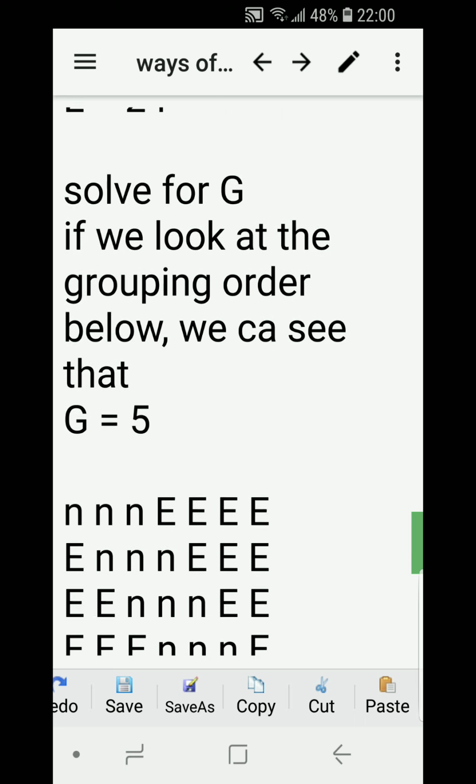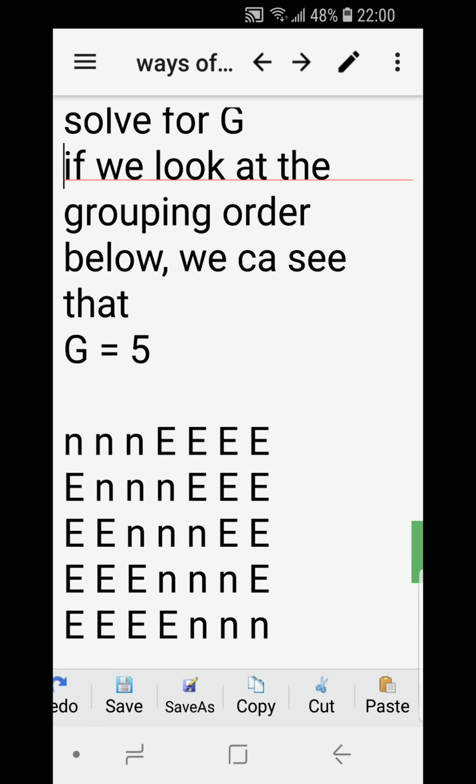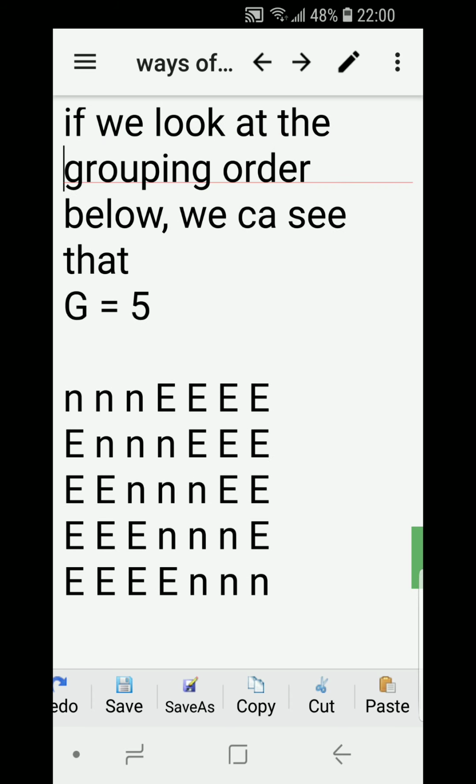Okay, here is the interesting part. Solve for G. If we look at the grouping order below, we can see that G is equal to 5.